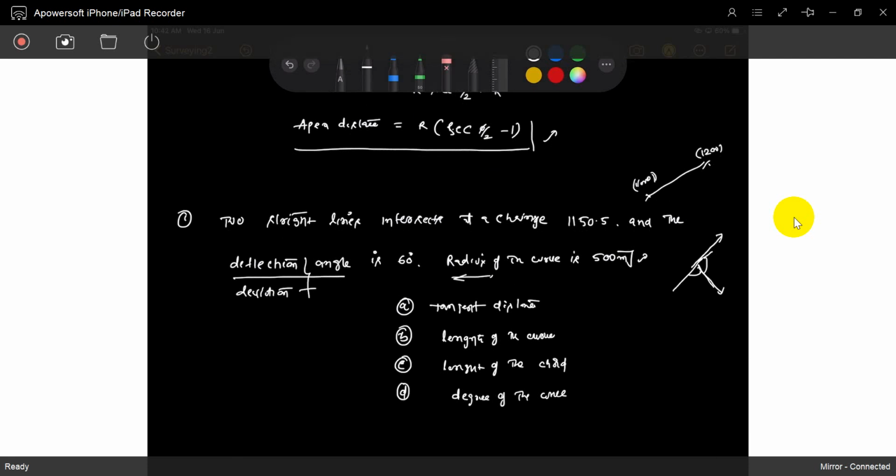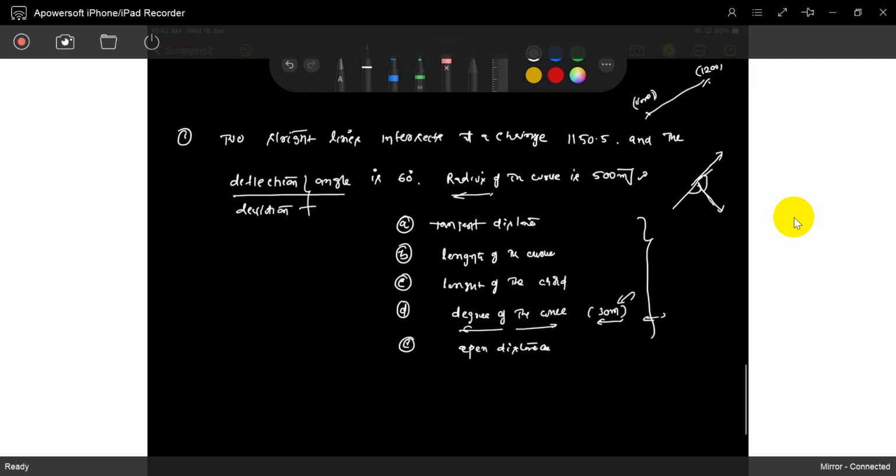For chain length of 30 meters. If nothing is given, you can fix a 30 meter chain, as we most regularly use 30 meters. So if someone asks for the degree of the curve, it is for a 30 meter chain. Finally the apex distance, and anything else he asks, we can easily calculate.